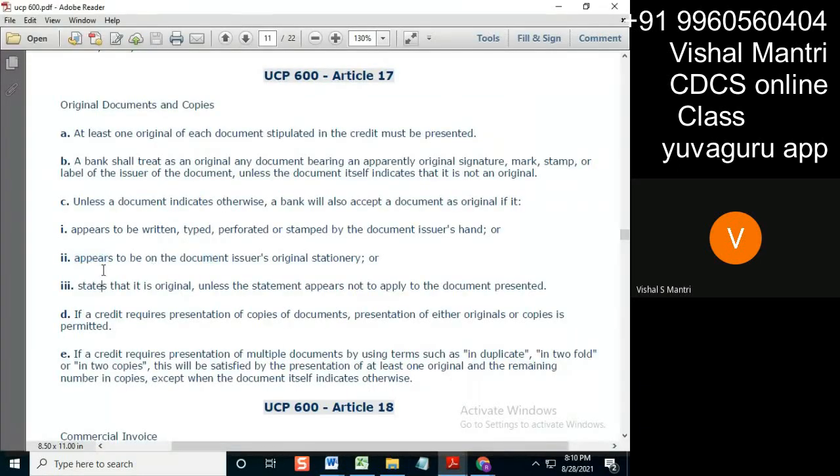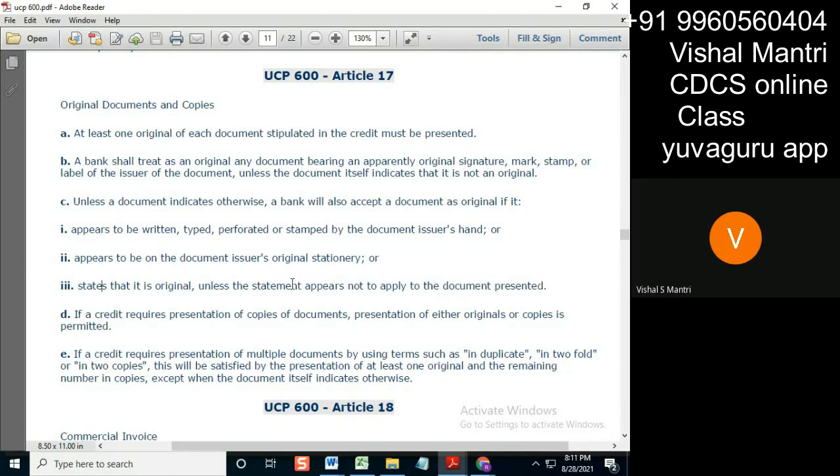Okay. Next, it states that it is original unless the statement appears not to apply to the document presented. Means what? It states that it is original. That document itself states that it's original, and many times what happens, we get these letters from our banks where a signature is not required as it's a computer generated statement. So if it states that it's original, and even if it is not signed, then also it's considered as original unless the statement appears not to apply to the document presented.